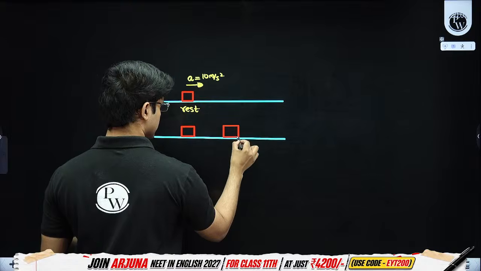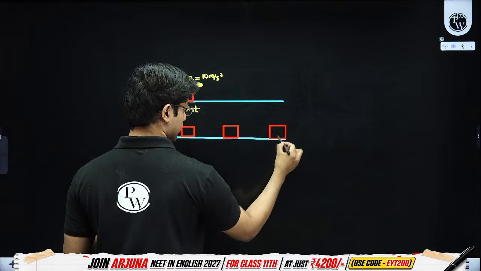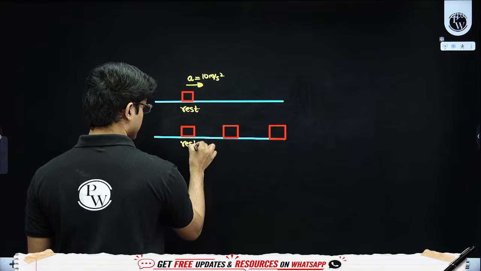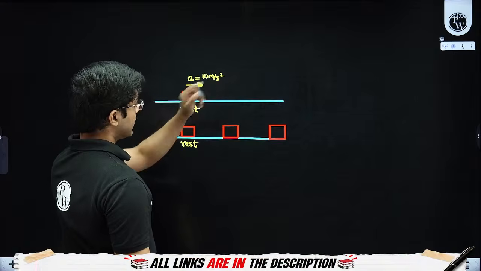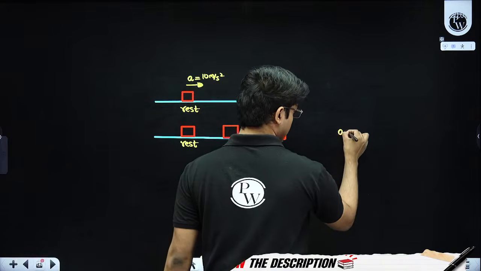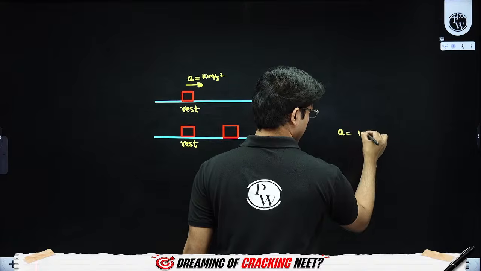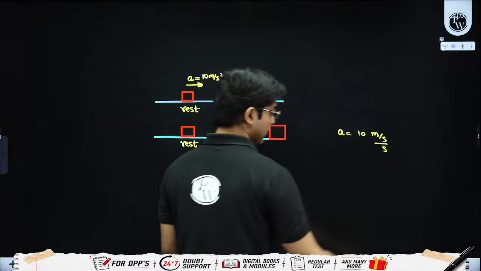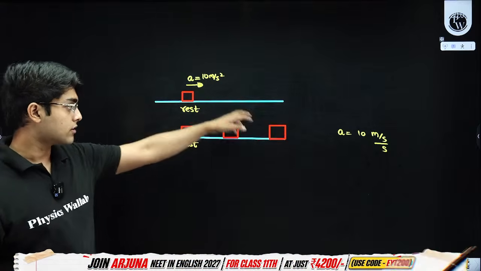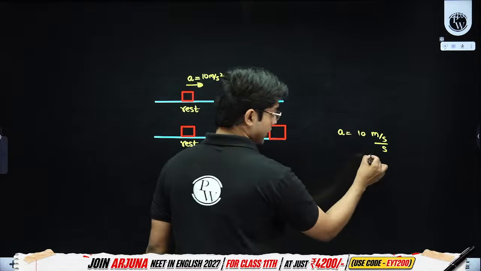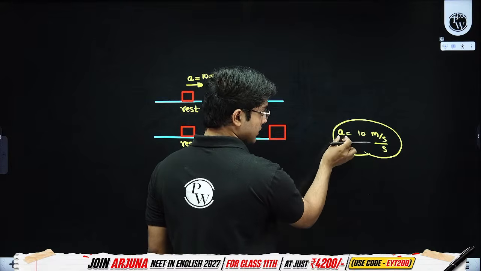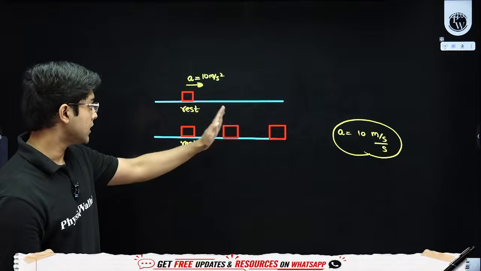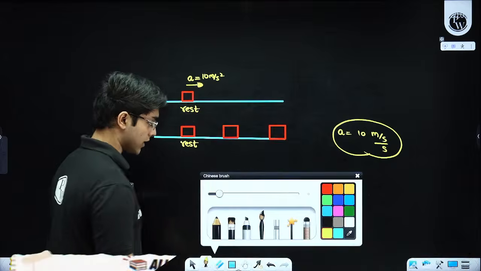This is at the start, this is after 1 second, and this is after 2 seconds. At the start, it is of course at rest. Now 10 meters per second square acceleration means the velocity increases by 10 meters per second every 1 second. You can read the acceleration as 10 meters per second every second, right? So the speed will increase 10 meters per second each second.